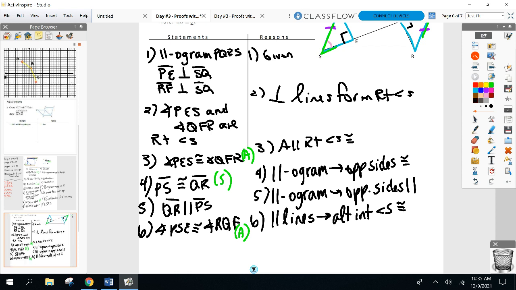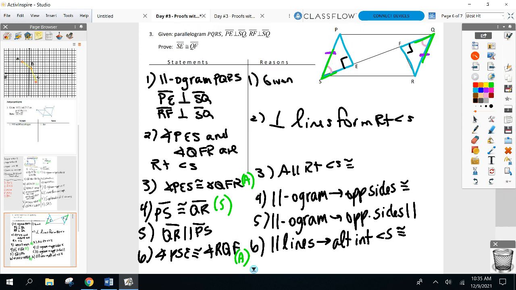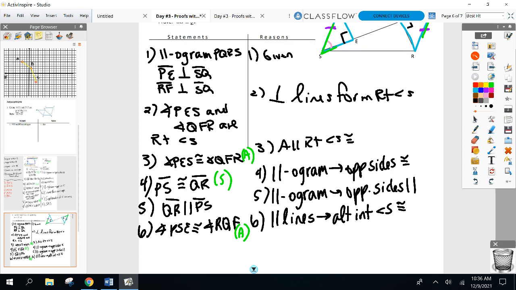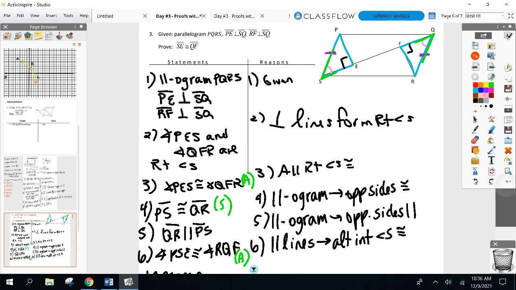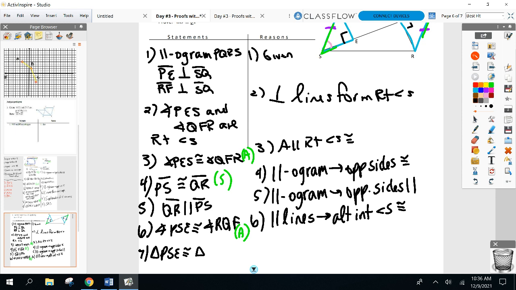All right, let's say the triangles are congruent now. It's been a while here, but we got it. Let's see, PSE. Triangle PSE congruent to, if I go PSE, RQF. All right, I still need one more person here. What's going to be the reason?